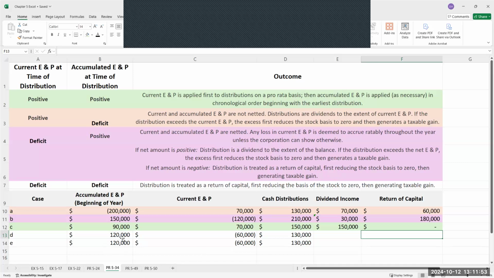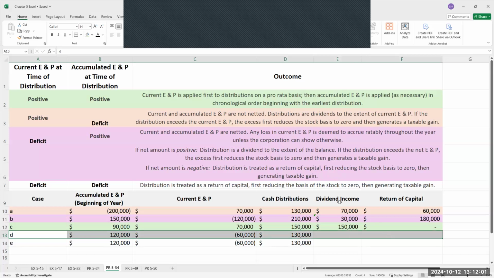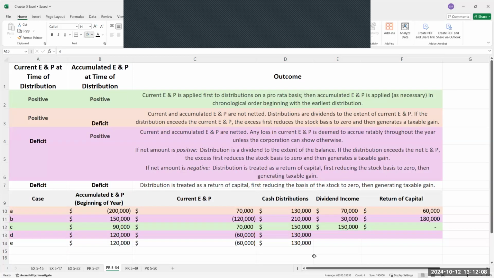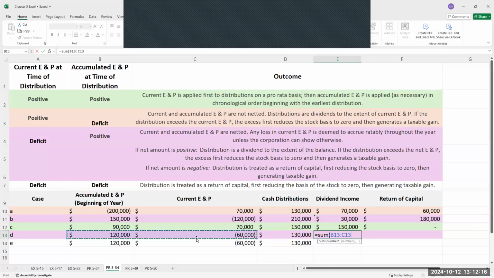So for scenario D, we have a positive accumulated E&P, but we have a deficit in the current E&P. So this falls in line with our purple fact pattern. So with this fact pattern, if we net the two, the 120,000 and the 60,000, we see that we have a net of $60,000.